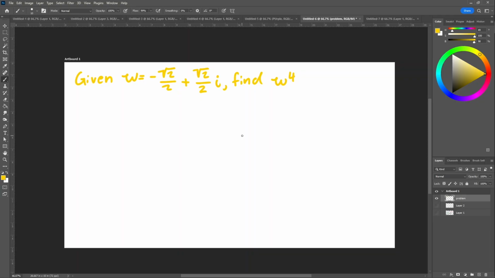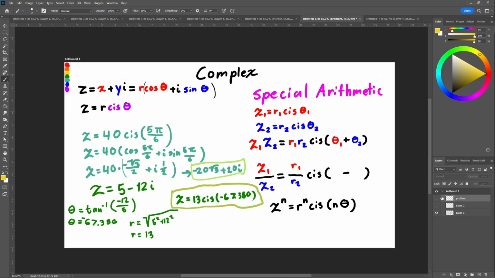Now, this is in rectangular form, so we're going to need to convert this into polar in order to use our special arithmetic that I mentioned over here. And in this case, we'd be using the last one.